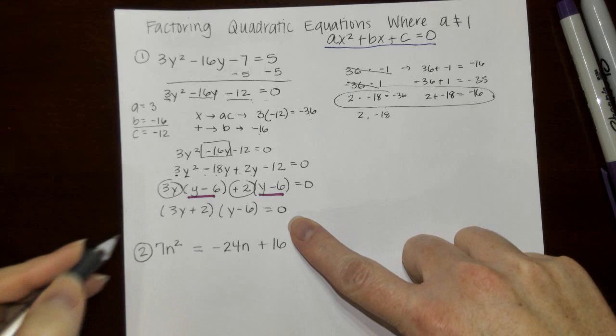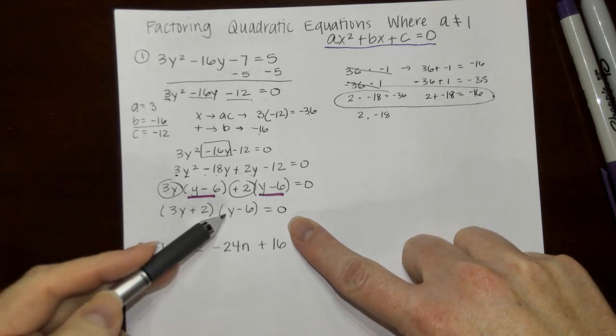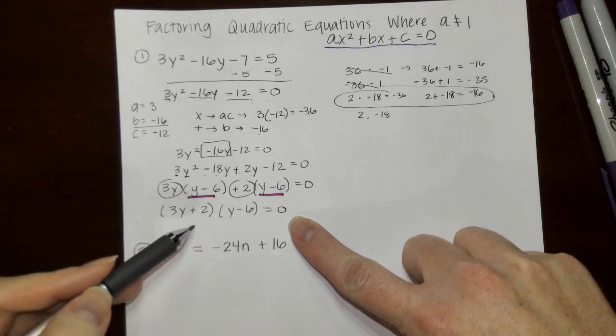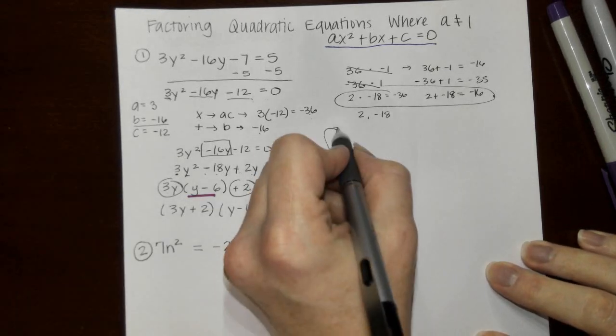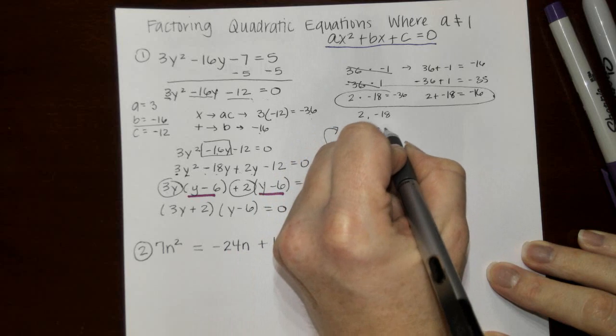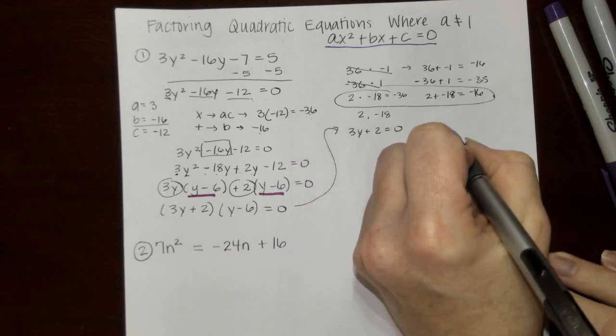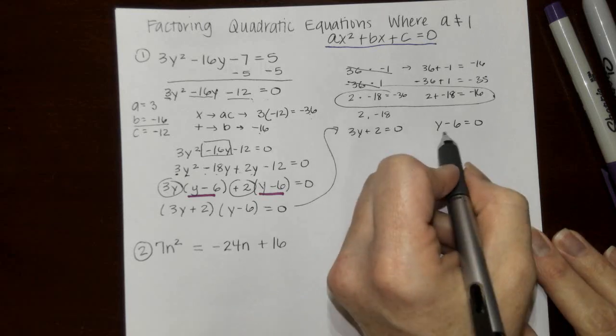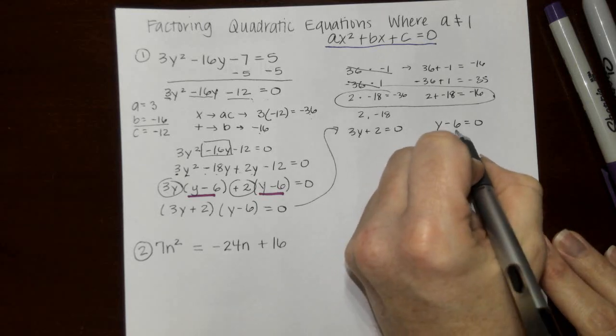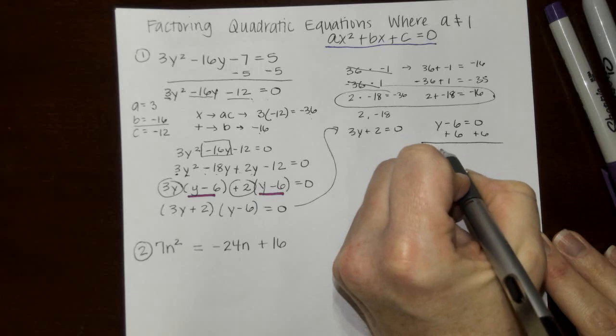So now what we're going to do is set each equal to 0. I'm going to set 3y plus 2 equal to 0, and I'm going to set y minus 6 equal to 0, and I'm going to solve. So y minus 6 equals 0, just add 6 on both sides.